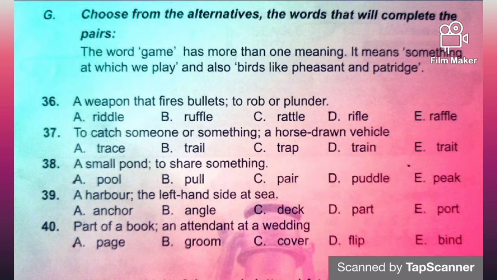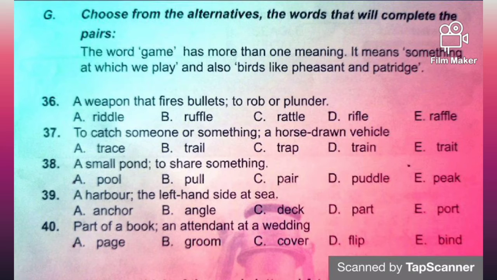Do you understand? So right now, they are going to give us the two meanings and we are going to pick out the word which means the same. Okay. Now, the meaning we are giving here, the first one is a weapon that fires bullets. Then the other meaning is to rob or plunder. So now, which of these options is a weapon?